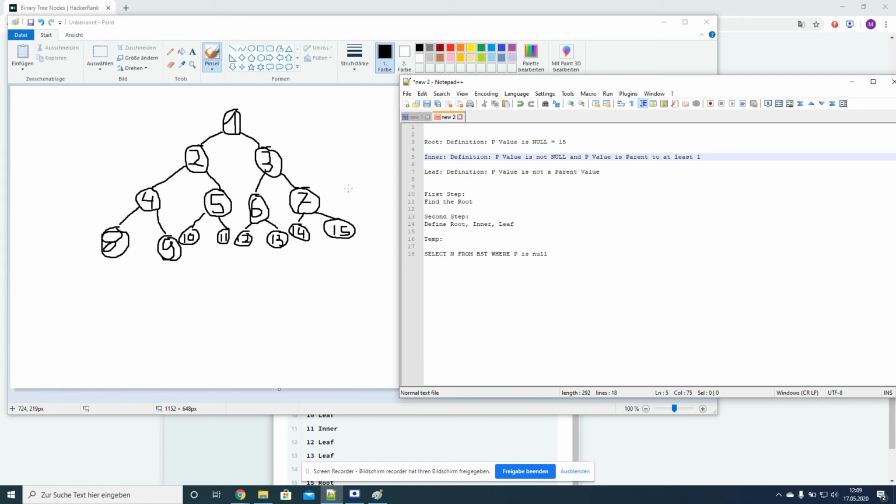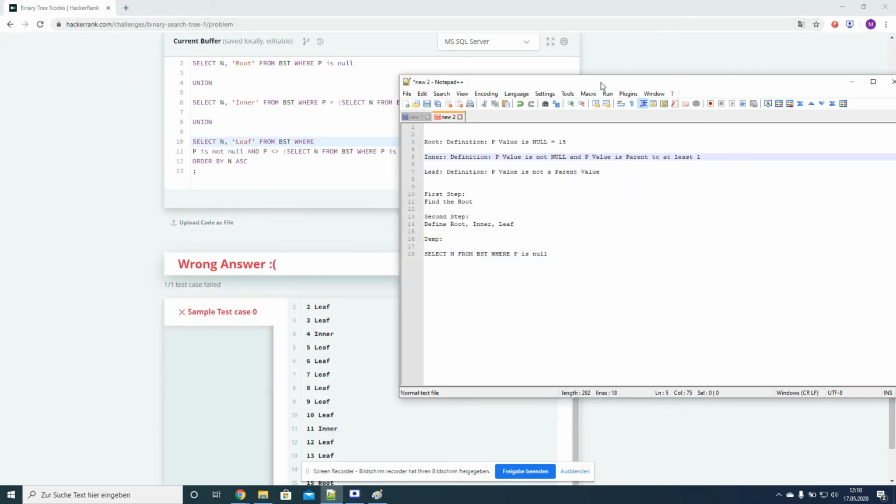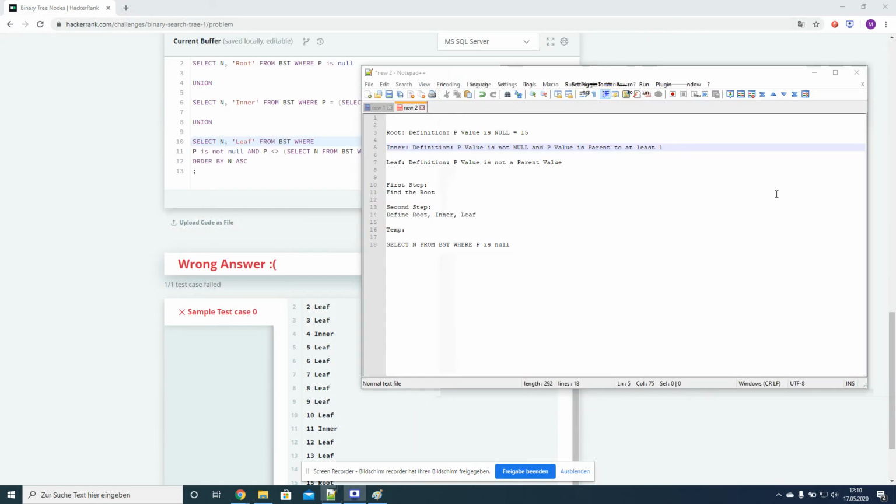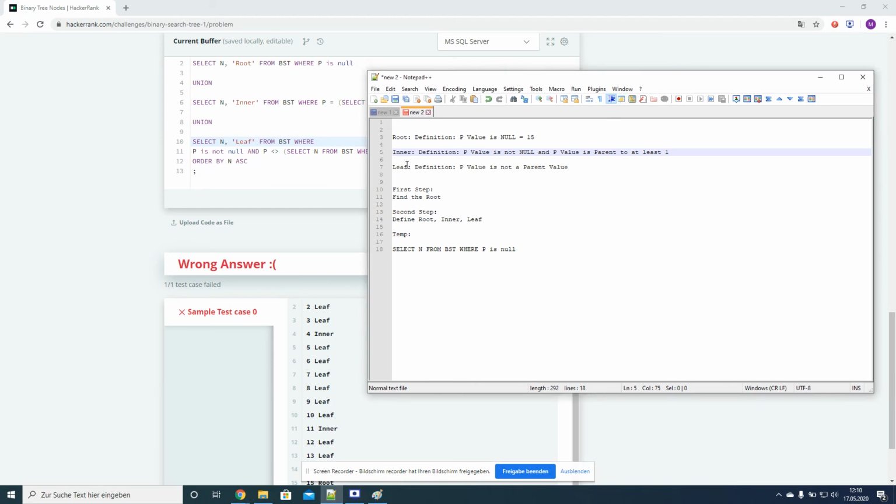Okay, but how do we translate that in a query, in an SQL query? The root is very simple again. So maybe we can define the leaf before.